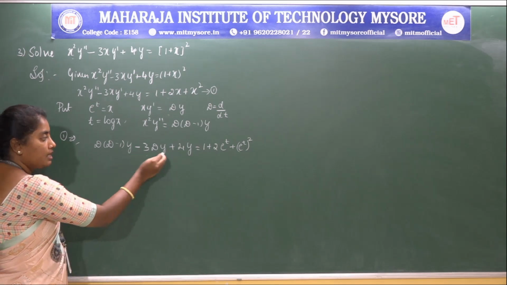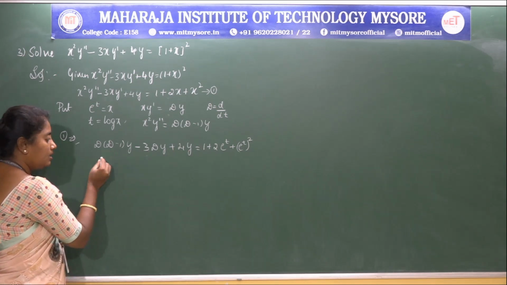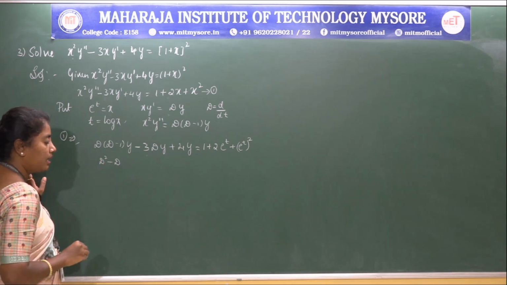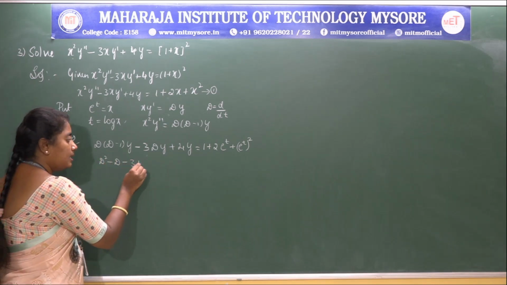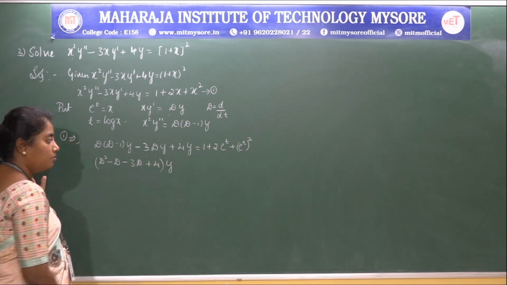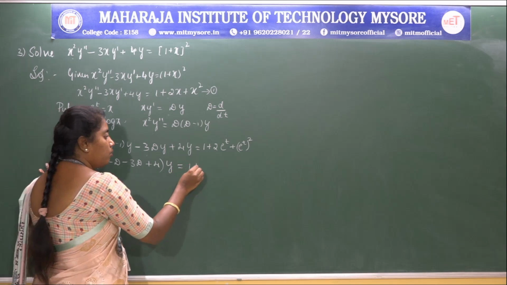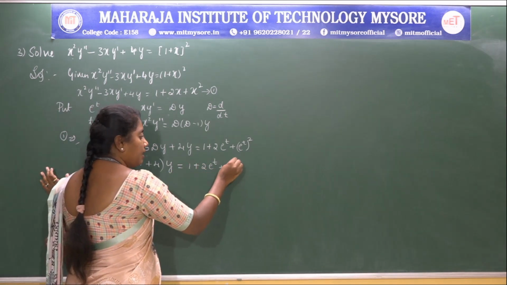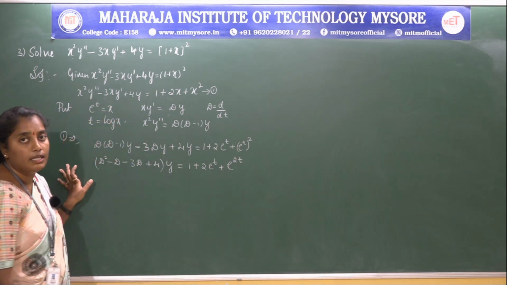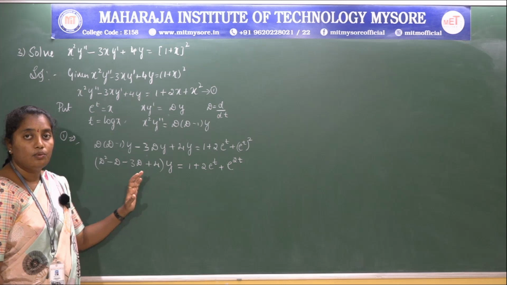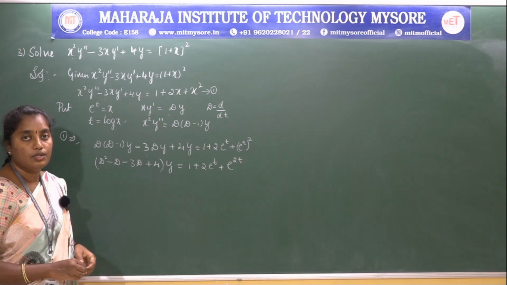Simplifying this, y is the common element, remaining term is D(D − 1), that is D² − D, minus 3D plus 4, of y is equal to 1 + 2e^t + e^(2t). So this is the obtained differential equation with constant coefficients.